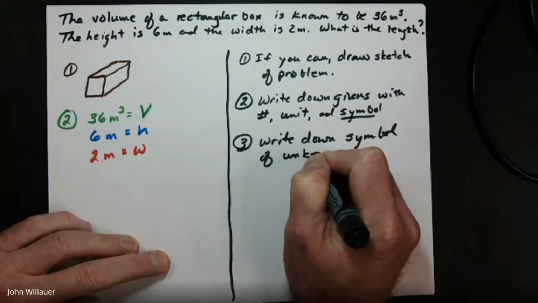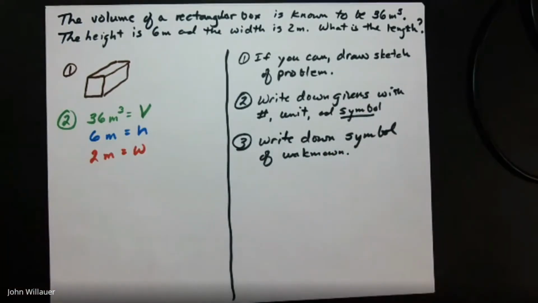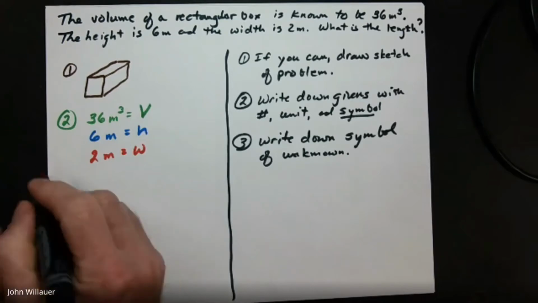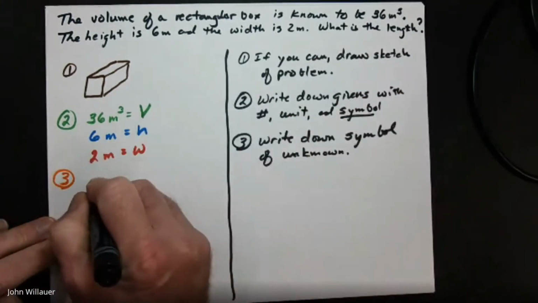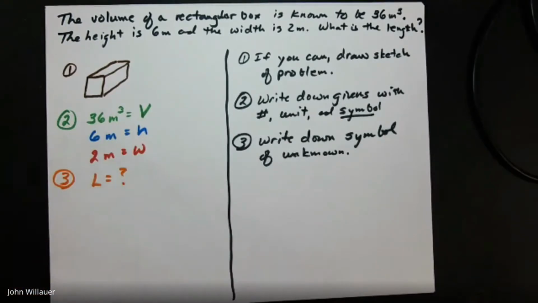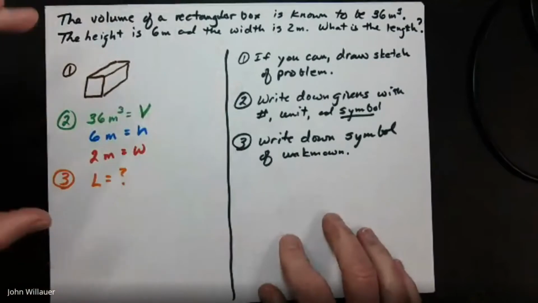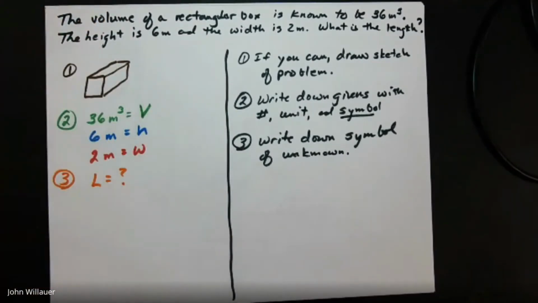Your unknown is what you're asked to find. What are you trying to figure out here? So for this particular one, the unknown that I'm looking for is the length. So I'm just going to say length equals question mark. So at a minimum, when you're doing these problems, these things you have to get down. And when you have those down, then you're going to be able to go and answer these questions more easily.